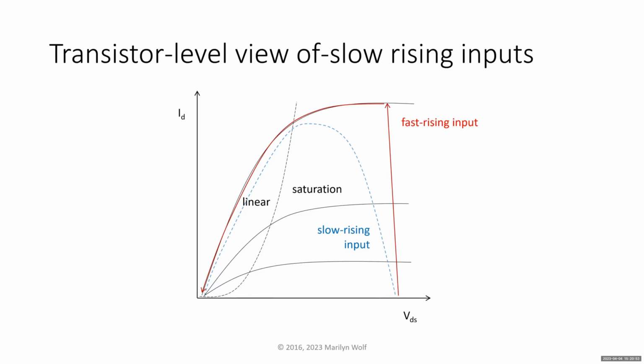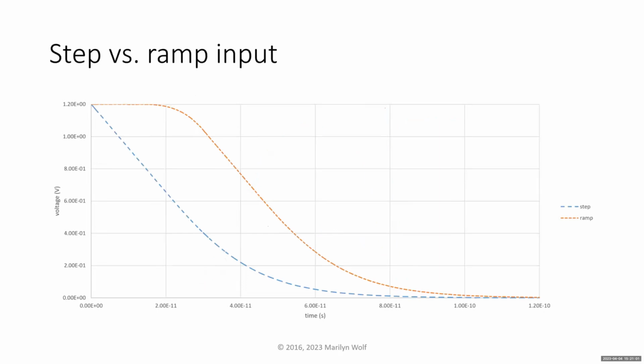One way to look at this is to compare a step input, which is a perfect transition, to a ramp input. You can see that the step input here goes down, and this is a circuit simulation, goes down reasonably fast.